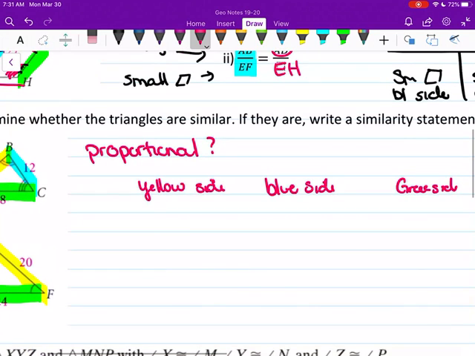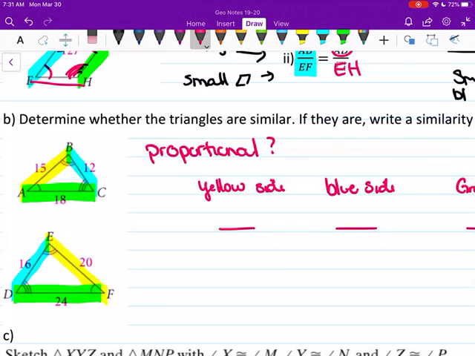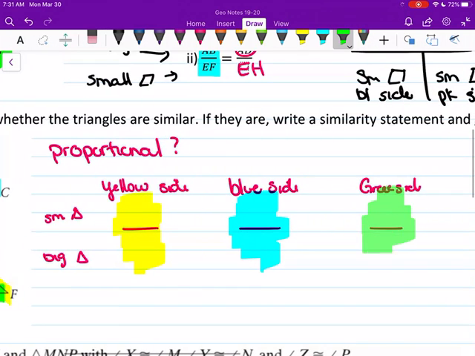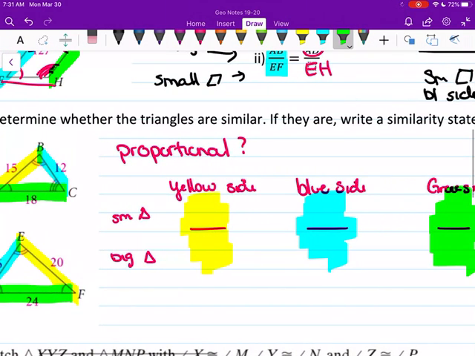And then within those fractions, I am always going to have the top of my fraction come from the same shape. So the top, let's do the small triangle. And on the bottom, let's do the big triangle. Okay, so yellow, blue, and green.